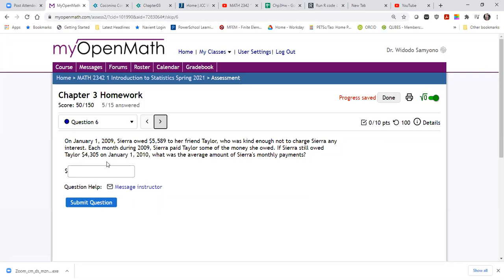So you subtract these two and divide by 12, and you get the monthly payment. You can use a calculator, or Excel or something.